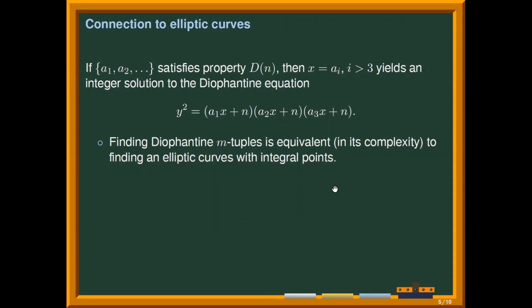Well, the complexity of finding Diophantine M-tuples should be the same in terms of computation, because it's exactly the same problem. I understand it's the same, but can you say something about the complexity class? You can also understand it in the sense that it's an equivalent question, where an answer to one can answer the other.